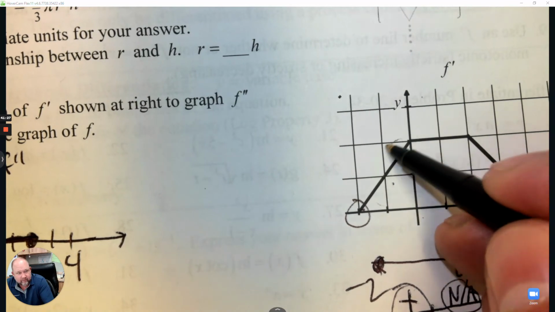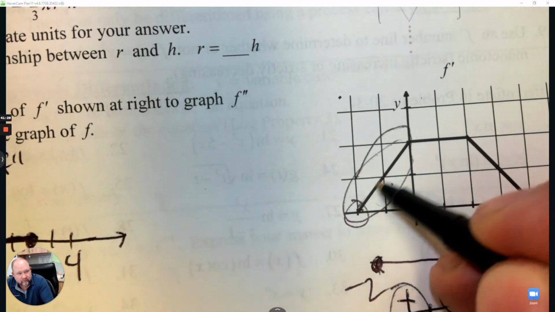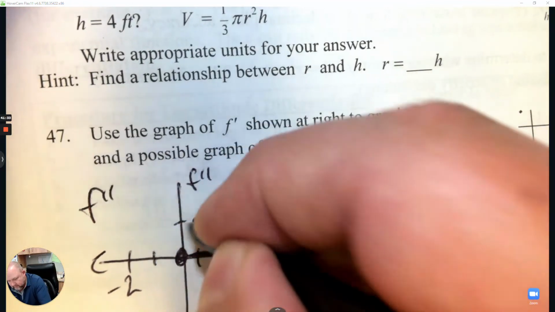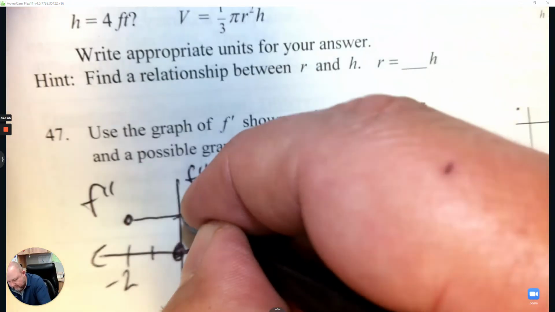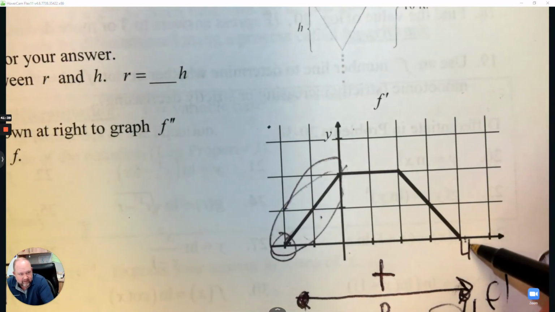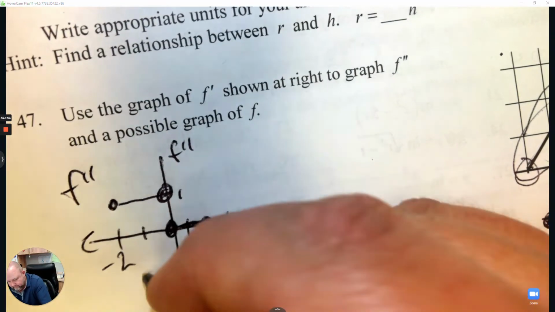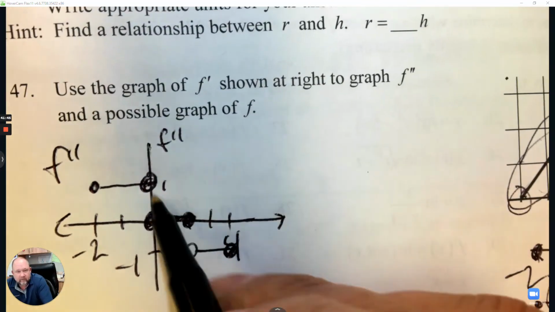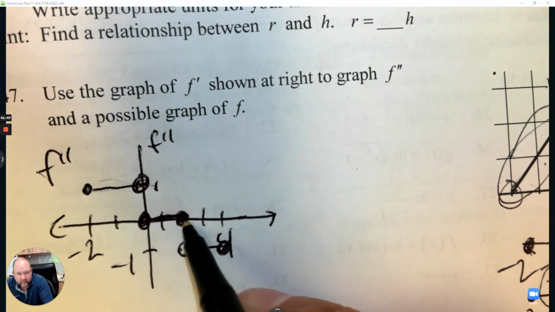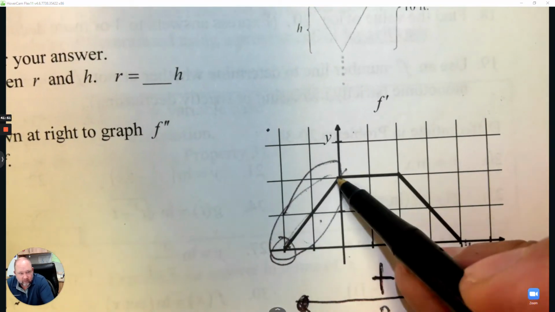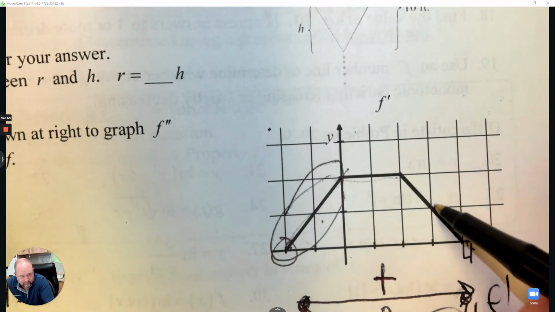The second derivative is the derivative of this, so the slope of that is positive 1. So from negative 2 to here, it's positive 1. And then this slope is negative 1. So this shows the slope is 1, the slope is 0, the slope is negative 1.